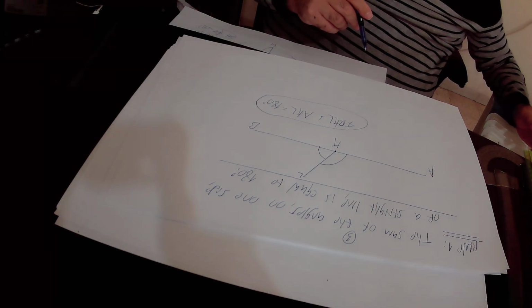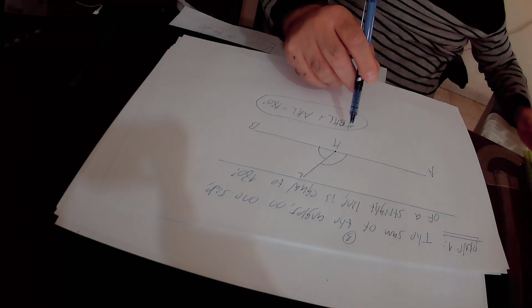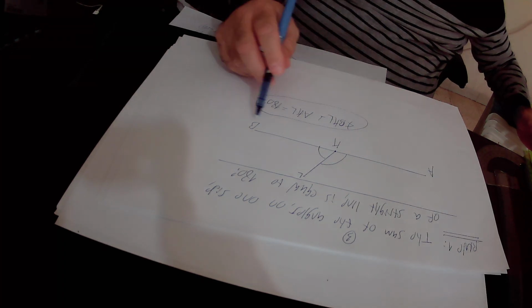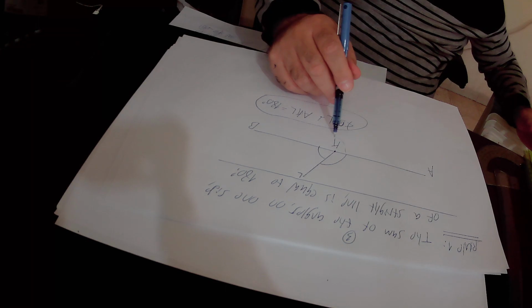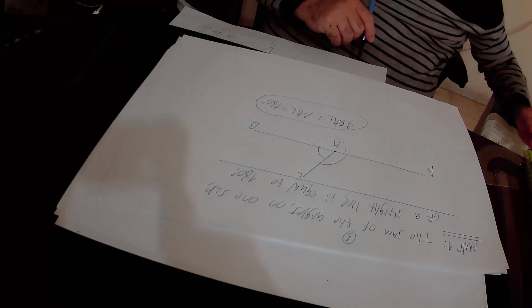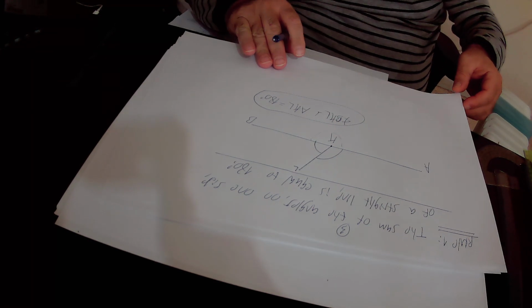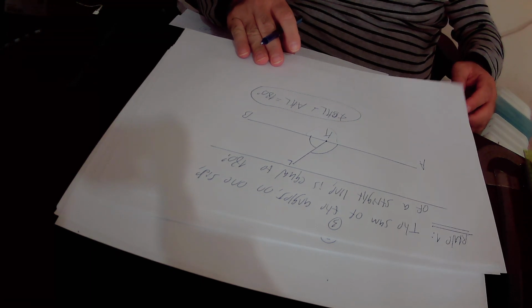The same thing is true about the lower side. If we focus on the lower side of the straight line AB at point K, the sum of the angles must also be equal to 180 degrees. We can implement rule number 1 in our drawing.